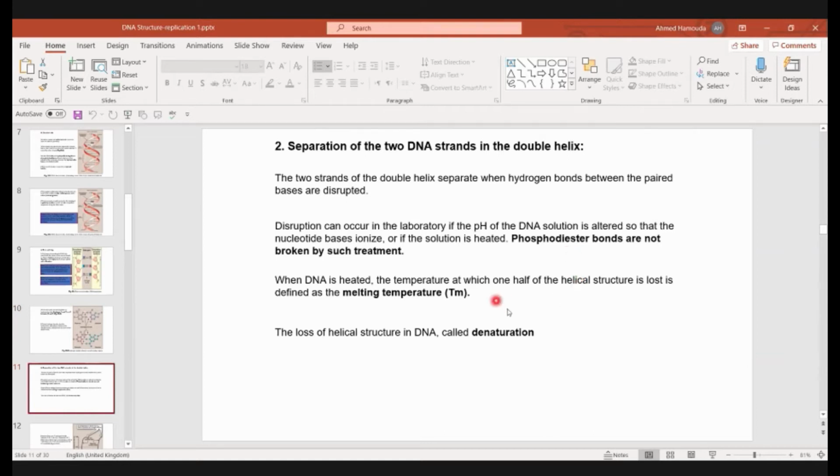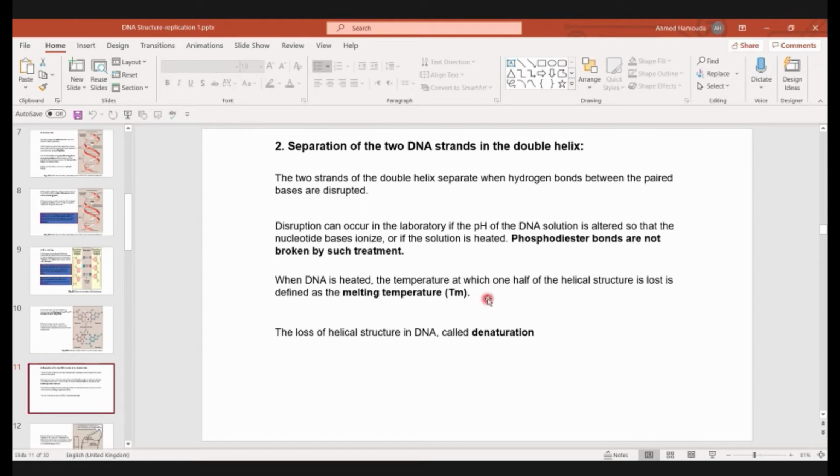And there is one concept you need to know, which is the melting temperature. When you heat DNA, if half of the DNA is opened, you call it the melting temperature. If someone asks you what a melting temperature is, just tell them it is the temperature that allows half of the helical structure of a DNA to open.